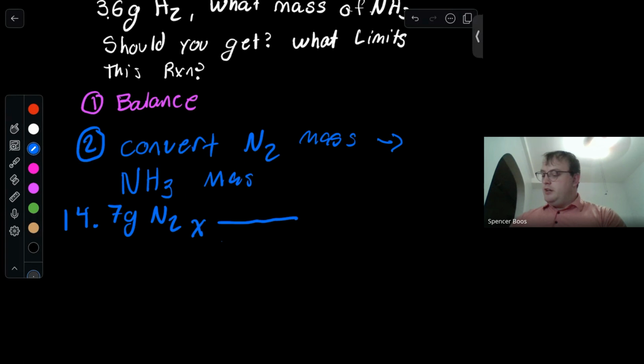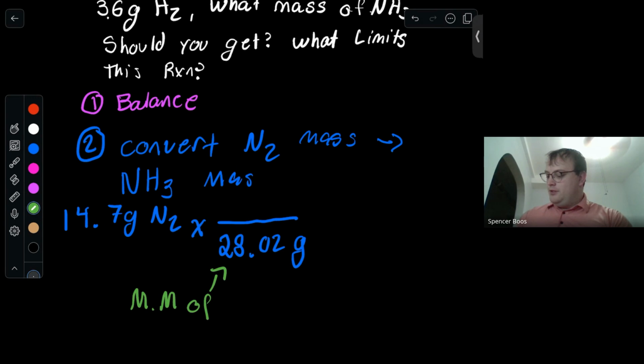Now, we know that in every 28.02 grams, and before you go rushing to the questions, this number here is the molar mass of N2, we know that by definition of a molar mass, this is equal to 1 mole N2.